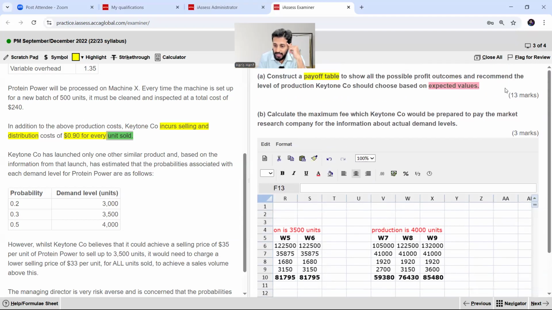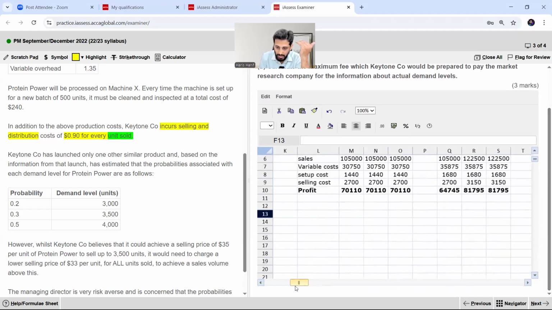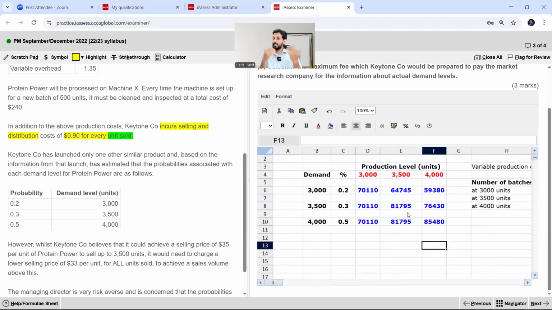Now, still, we have not got complete 13 marks. Recommend the level of production Ketone should choose based on expected values. Now, let's move on towards the expected values. Simply, you need to refer to the payoff table. What is expected value?